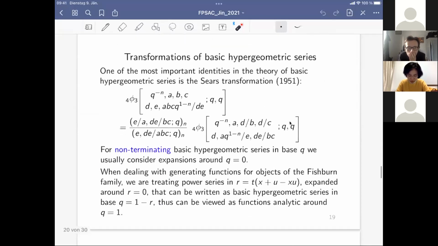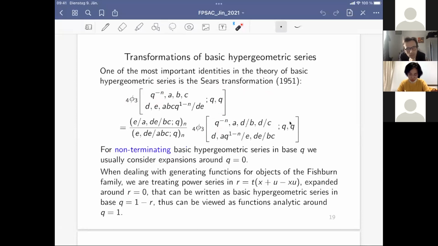So here is the Sears transformation. It is a terminating transformation of 4φ3 series. It is terminating because of this factor Q to the power of minus N. And in general, for non-terminating basic hypergeometric series, we always consider the series around Q equals 0.